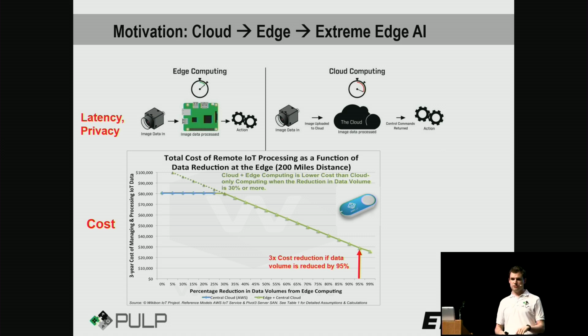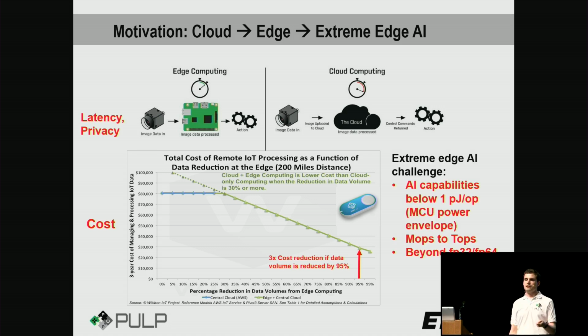As you can imagine, there are all these latency and privacy issues that come with that. And not only that, but there's also a cost involved by having this huge amount of data being moved from the edge devices into the cloud, processed, and then moved back. Actually, to an extent where we observed that if we can save 95% of the data volume being pushed into the cloud and process this on the edge device, there are significant cost reductions to be had.